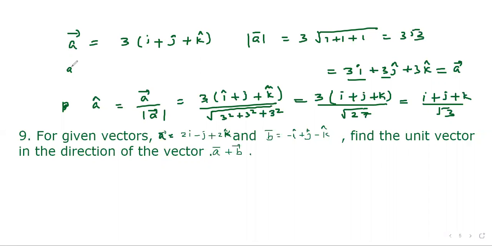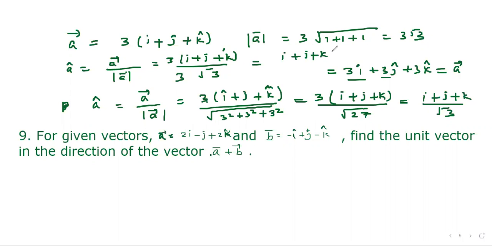Then A cap will be vector A divided by modulus A. So this will be equal to 3 times i plus j plus k divided by root 3 times 3. So again it will give the same thing, i plus j plus k divided by root 3.